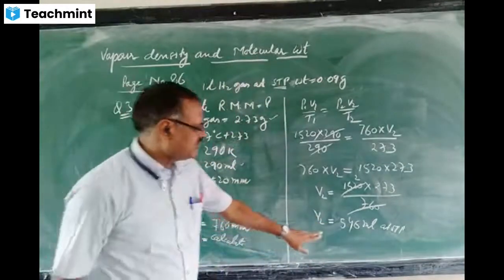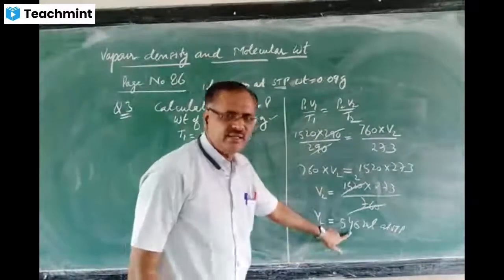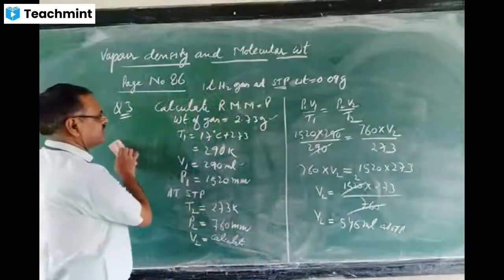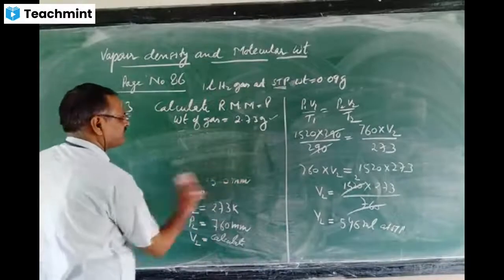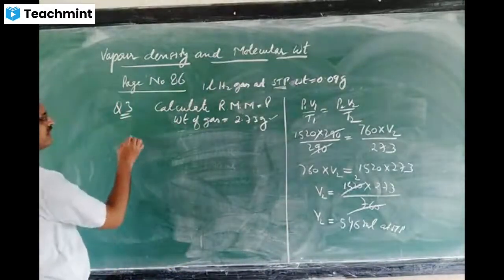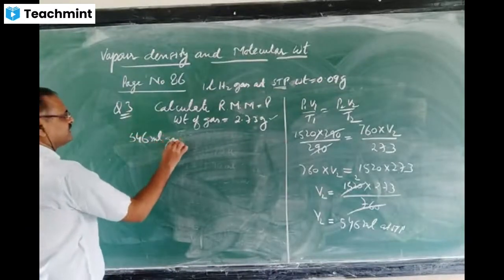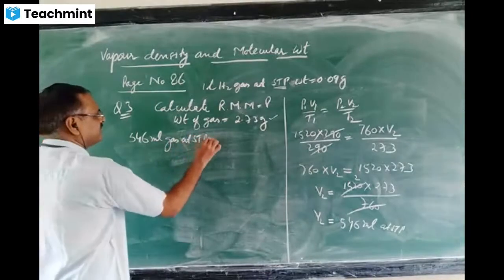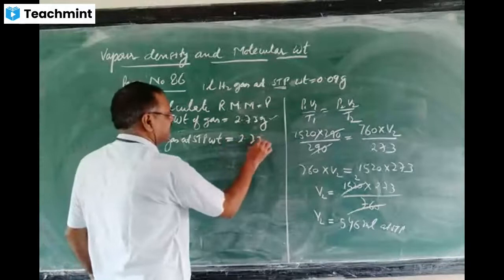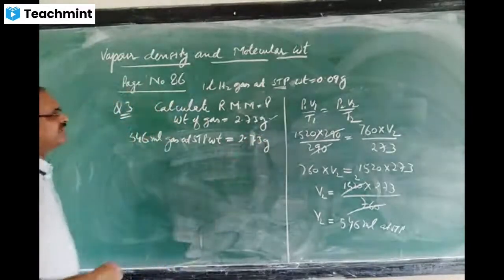If you know this volume and weight, can you calculate the weight of the 1000 ml? It is very simple. By comparing we can get the weight of the 1000 ml. So 546 ml gas at STP, weight is given as 2.73 gram.